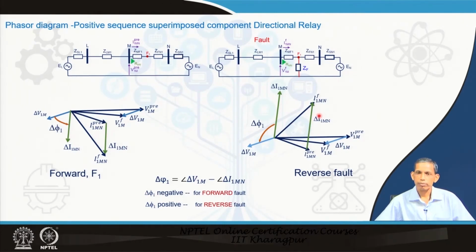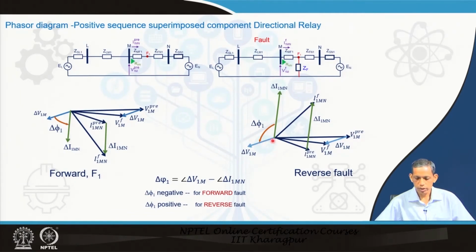Now, come to the reverse fault. The current direction changes. We see the same V1M pre, V1M fault, and delta V1. Now we have I1M pre and I1M fault for the reverse fault, so the current is reversed compared to this. This is delta I1, this is delta V1, plotted at the origin.